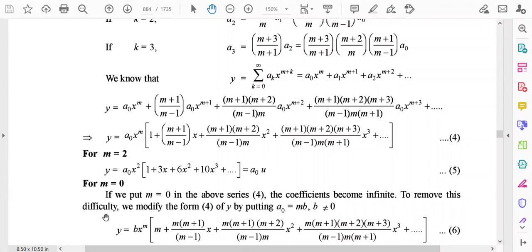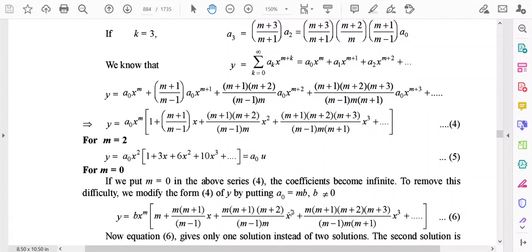To remove this difficulty, you have to modify equation 4 by putting a0 is equal to m into b. Actually what you have to do is modify the denominators in such a way that the term does not go to infinity. So we are putting a0 is equal to m into b, and in that case m will be cancelled out. After putting a0 is equal to m into b, this is the modified version. So equation 6 is the modified version of the general solution.